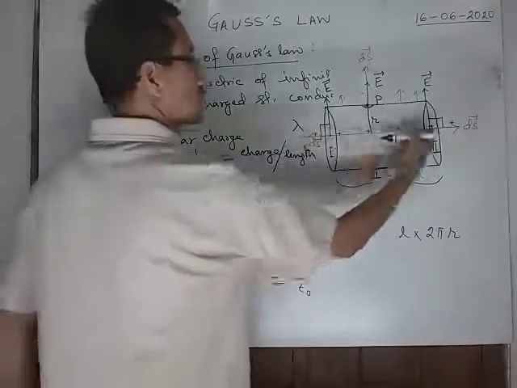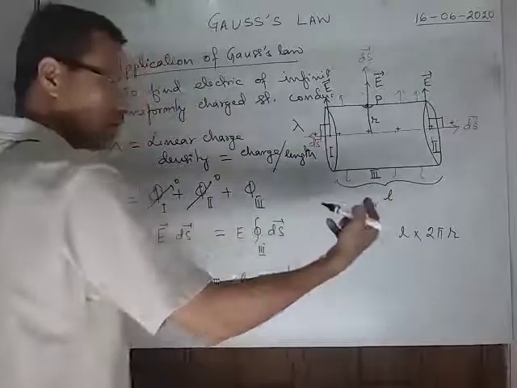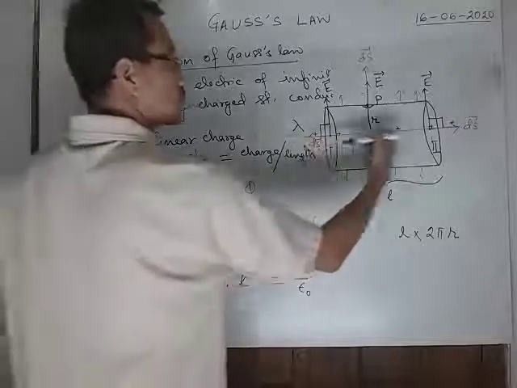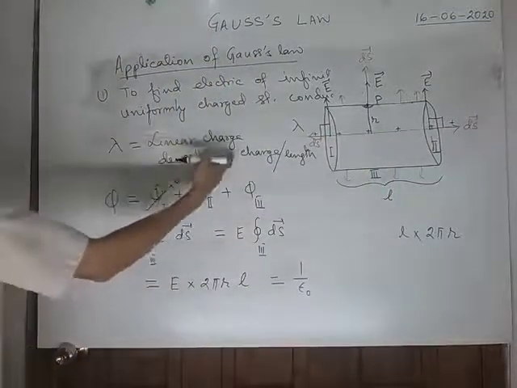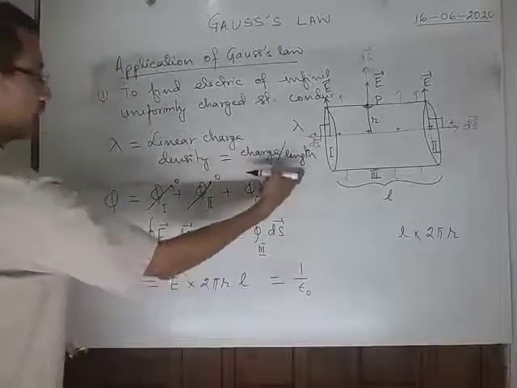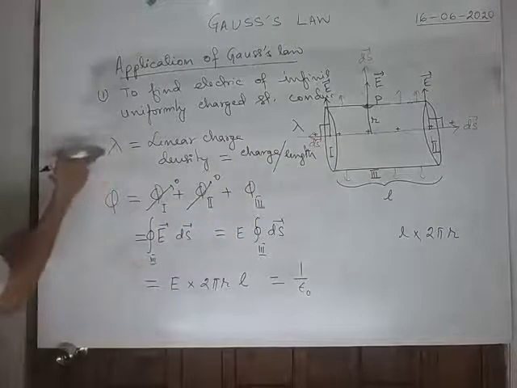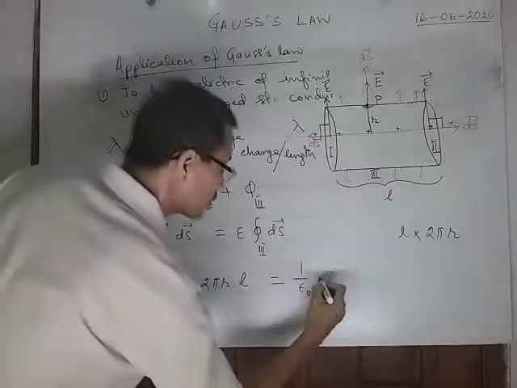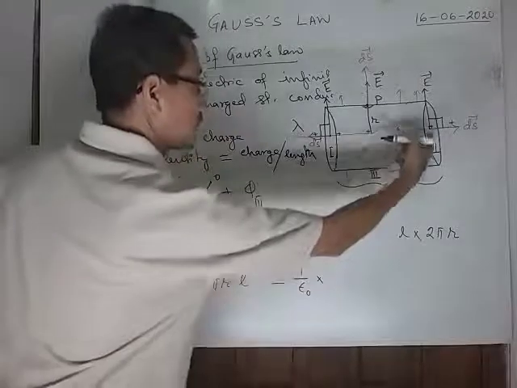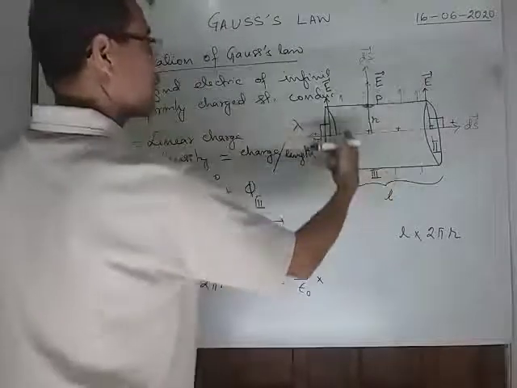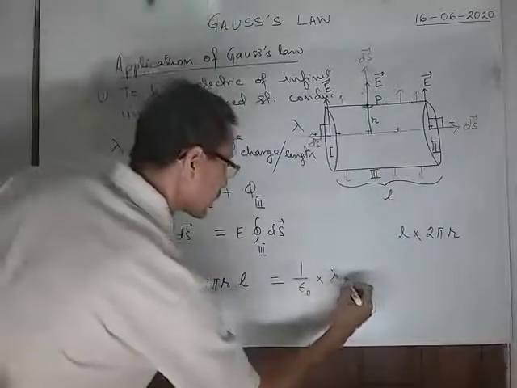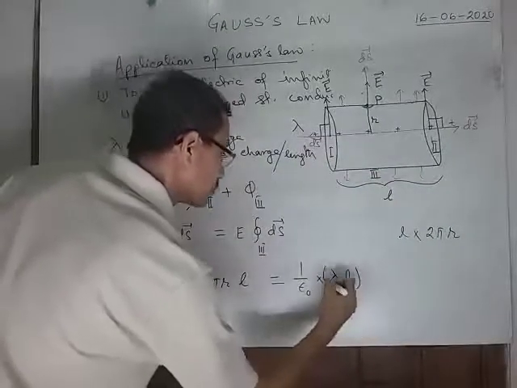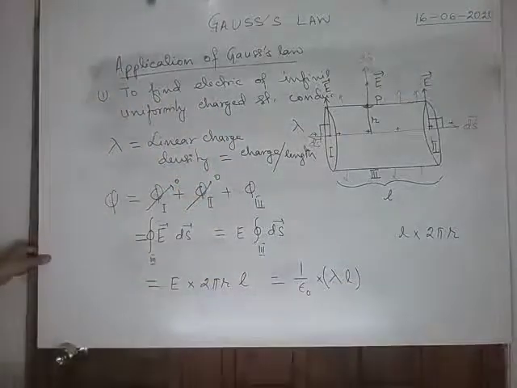The total charge is not given, it is an infinitely long one, so we need to find the total charge enclosed by this closed surface. And this charge is equal to what? L into what? Lambda. So that will be the total charge enclosed by the Gaussian cylinder of length L. It will be lambda times L.